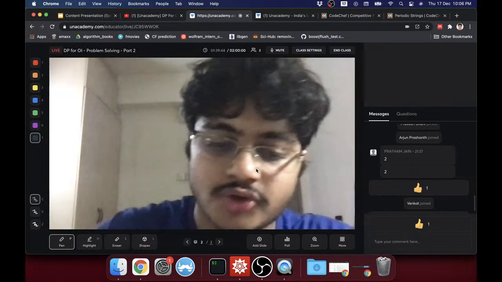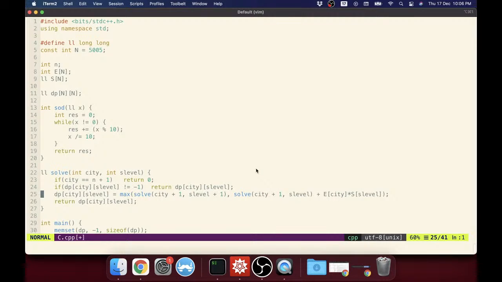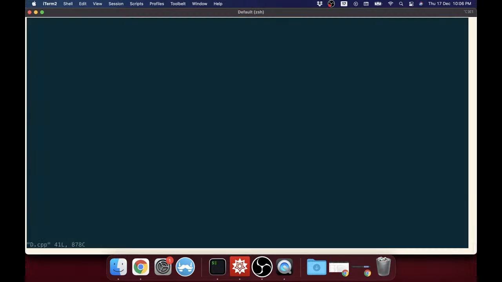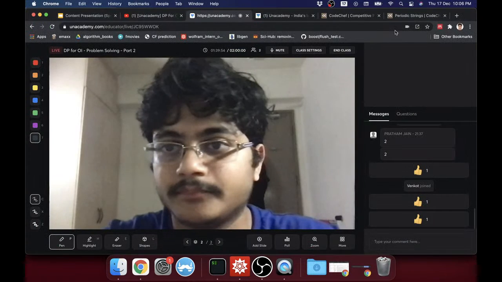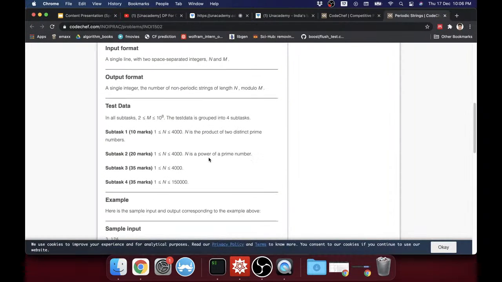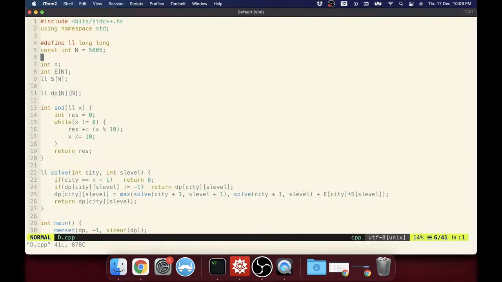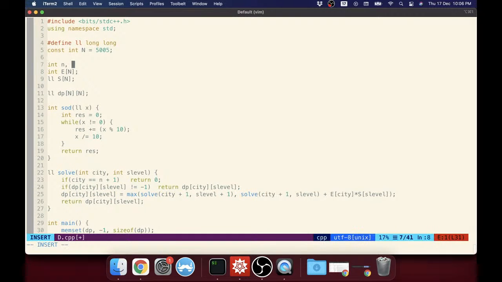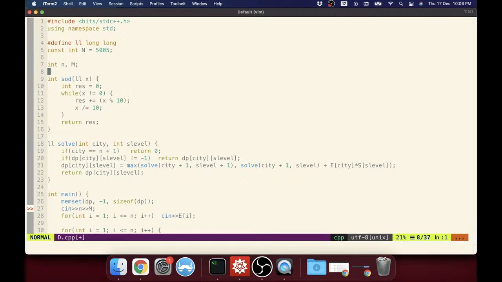Let's go through the implementation of this question. So let's copy this. So we get n and m. Let's use the capital variable M. We have a DP array.